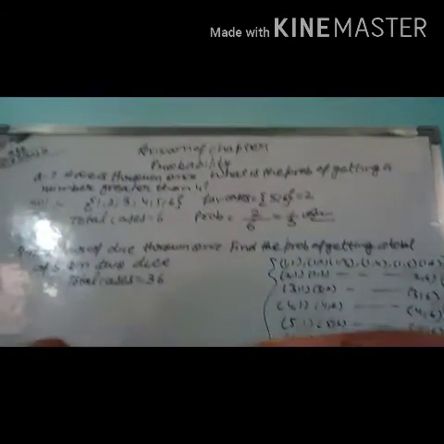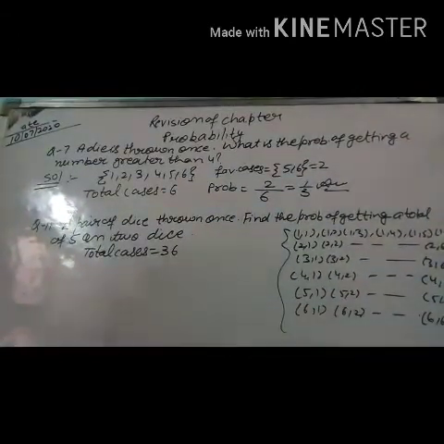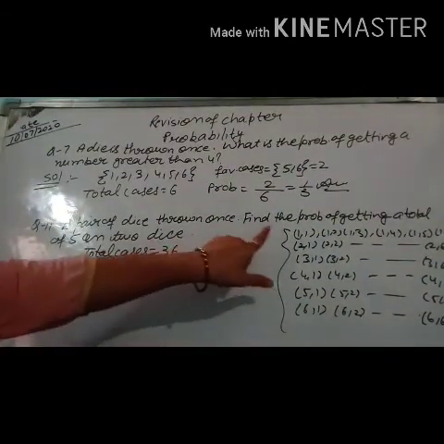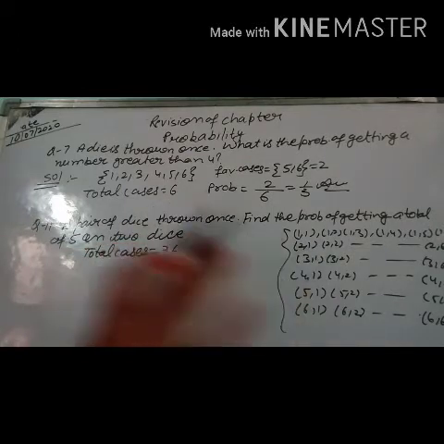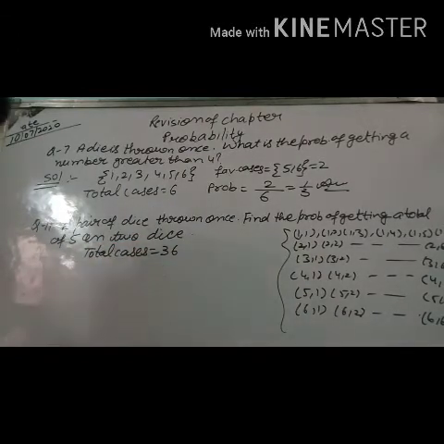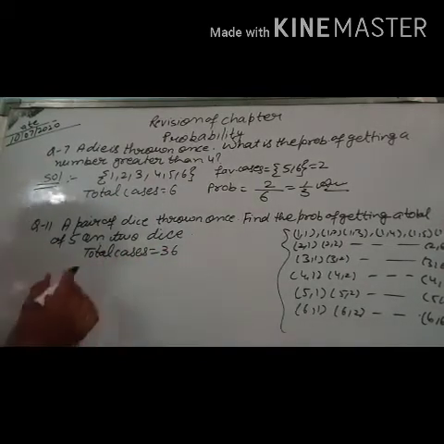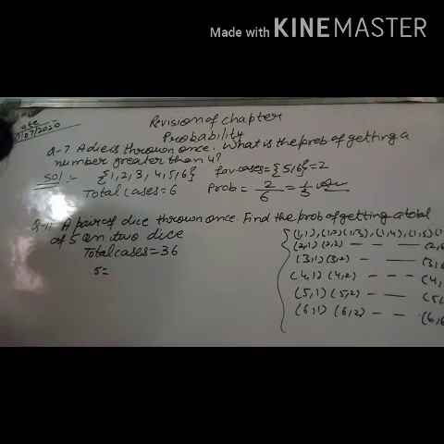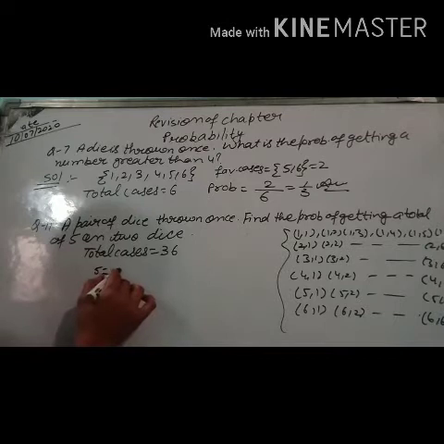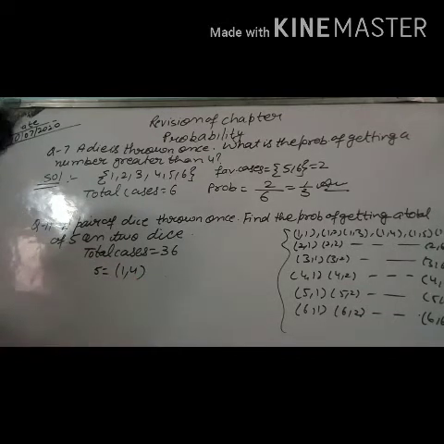Now next one is, we want to find out the probability of getting a total of 5 on 2 dice. Sum is equal to 5. When we obtain numbers on 2 dice, the sum of these two numbers is equal to 5. We want to find out this condition. First, when the sum is equal to 5, the combinations are 1 4, because 1 plus 4 is equal to 5.